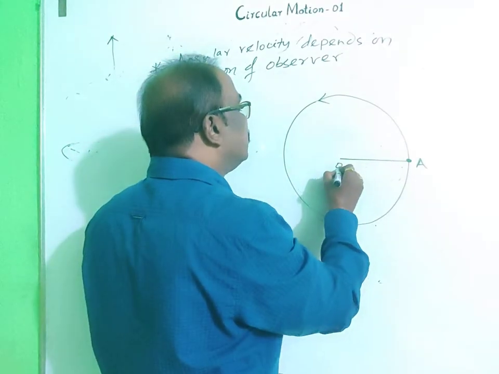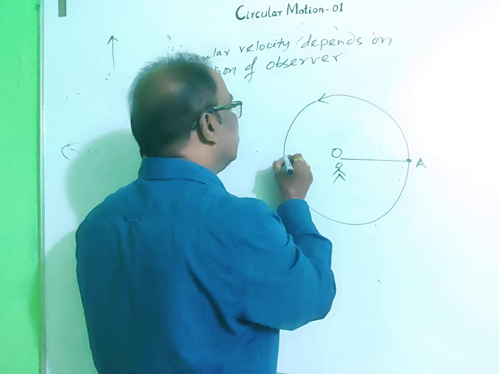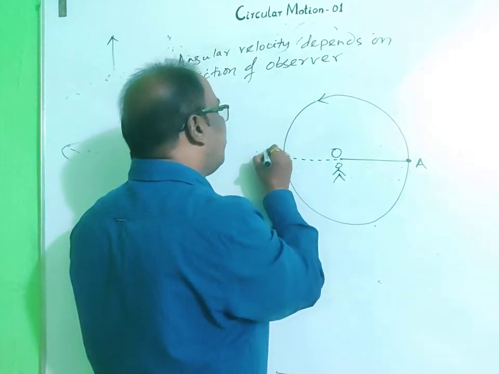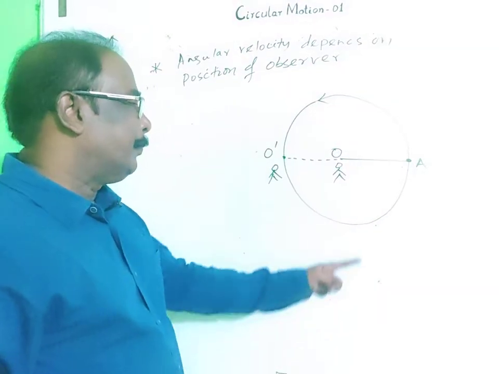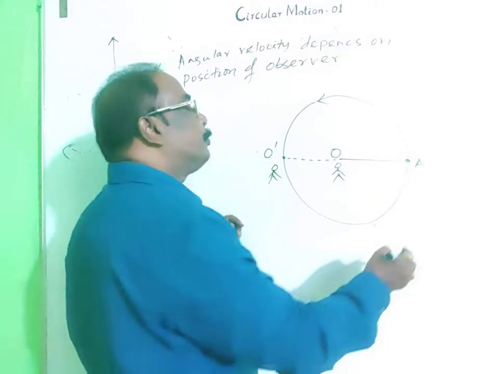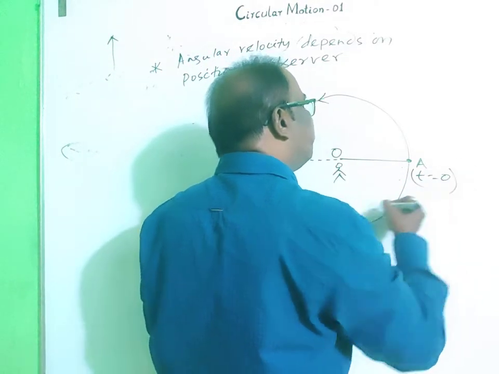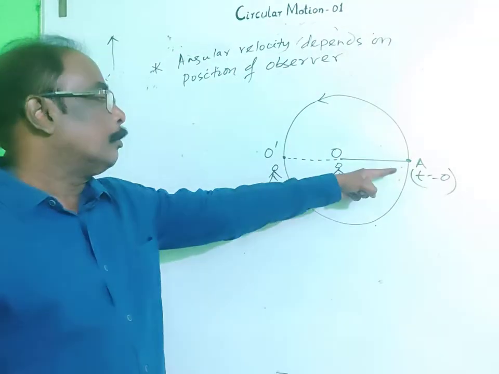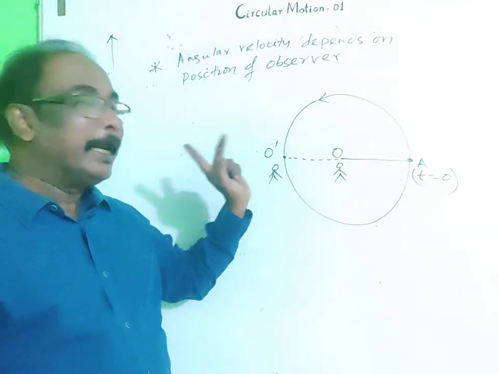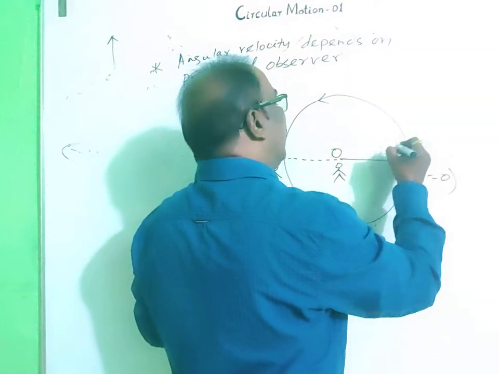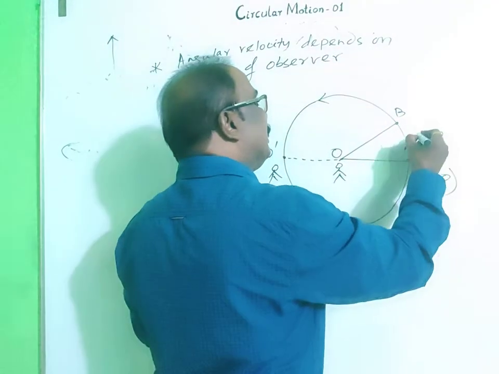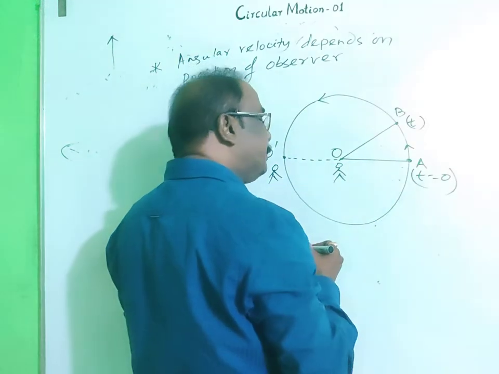One observer is at the center and another observer is at the diametrically opposite point. When instantaneous time is 0, the particle is at A, and the motion of the particle in anticlockwise order is observed by the two observers O and O'. Let the particle move to position B. The time taken by the particle to reach B is T.